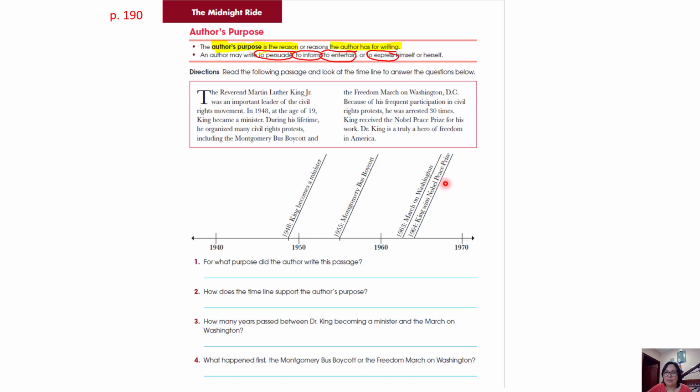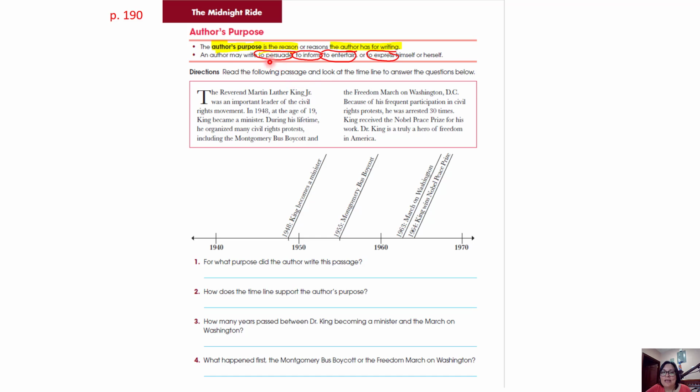He won that prize. So number 1 says, for what purpose did the author write this passage? What was the reason? The person who wrote this, what was the reason?